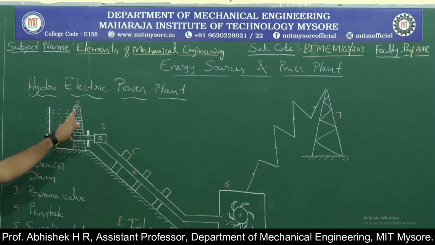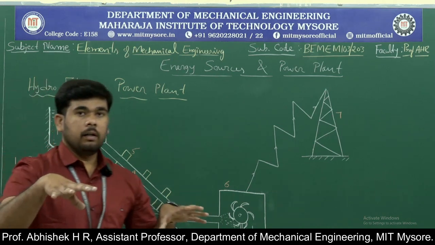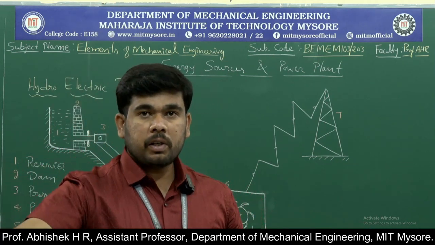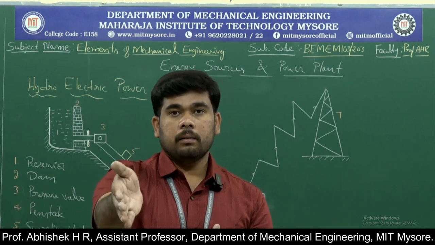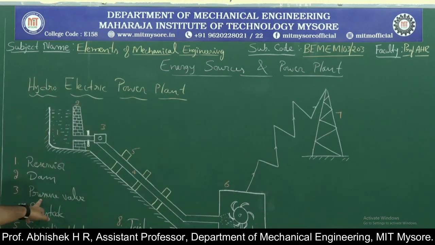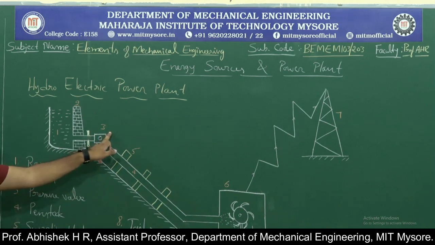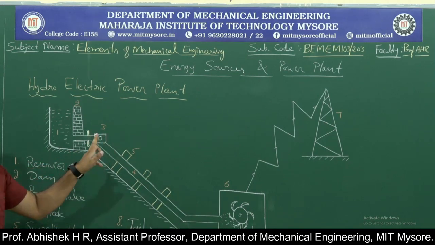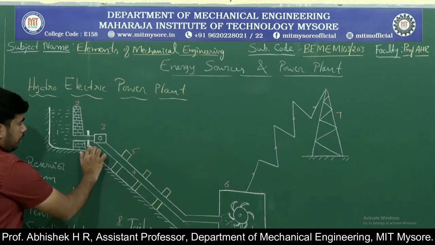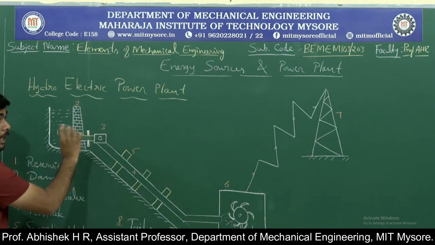Then the second one is the dam. The dam is a big wall that has been constructed as a resisting part to store the water. Then we have the pressure wall, number 3. In this you can observe we have one more part, that is the gates.